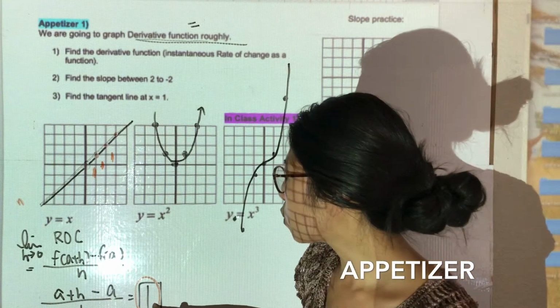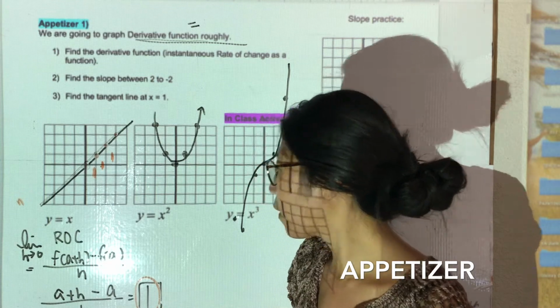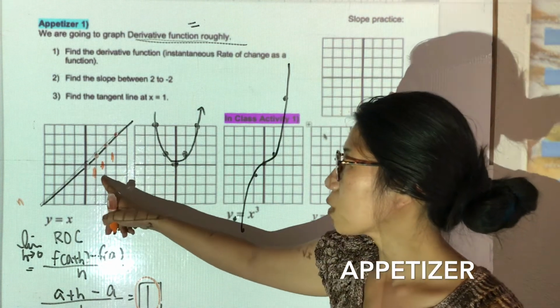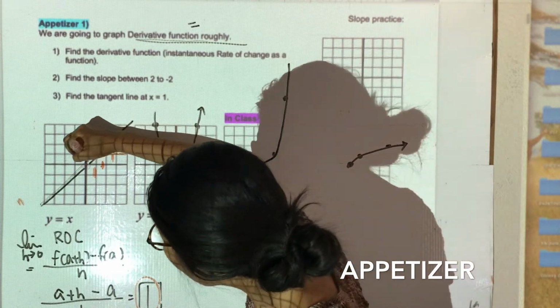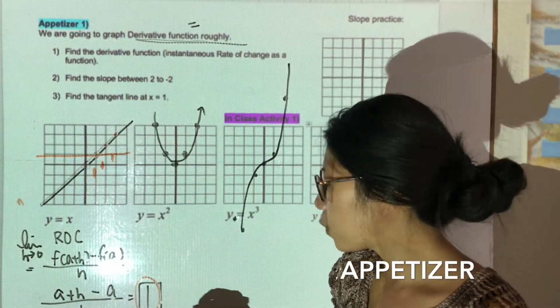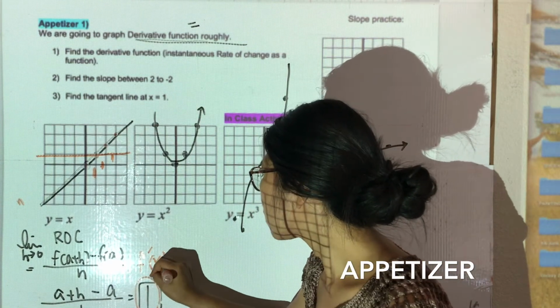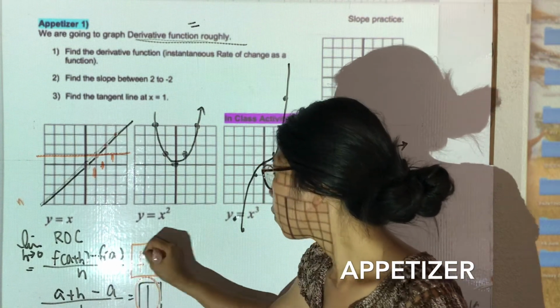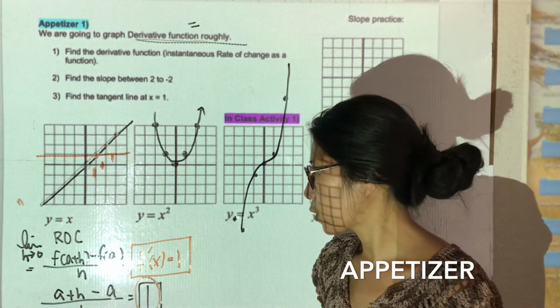And this one shows everywhere it will be 1 no matter what, for all real values. So I can actually graph my derivative function, which is y is equal to 1, or we can write it this way, f prime of x is equal to 1. We call it a derivative function.